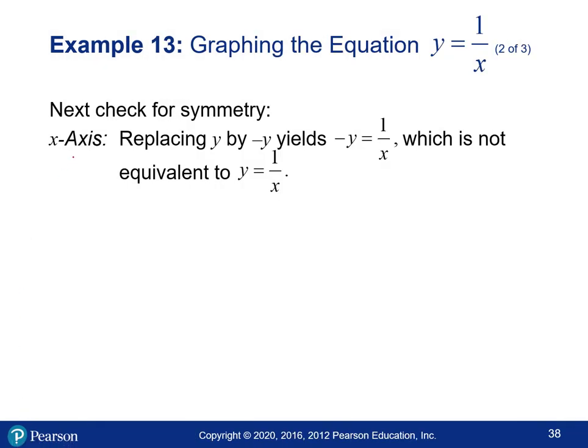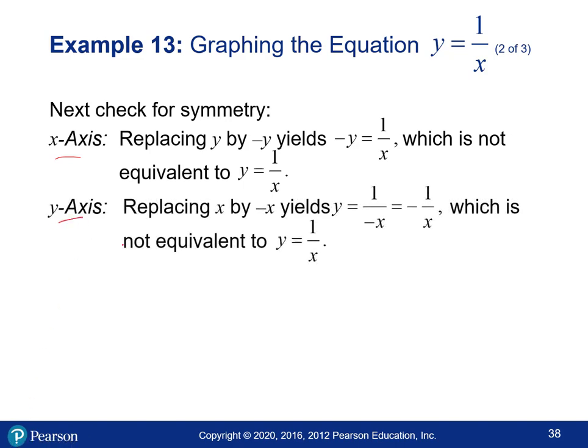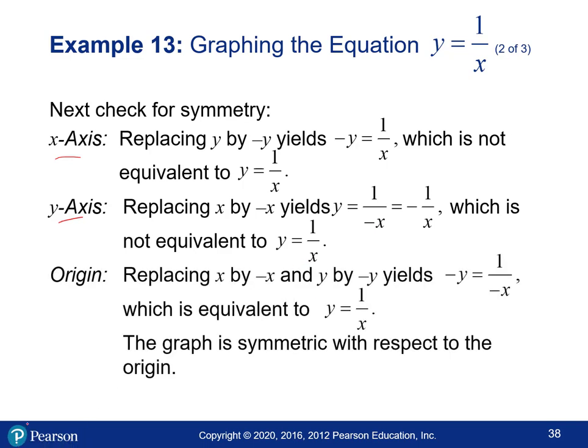Okay, if we check for symmetry, we've done this on multiple examples, so we'll just do it real quick. Plug in a negative y. It's not the same as the original, so no x-axis symmetry. Y-axis symmetry, plug in a negative x, not the same as the original, so no y-axis symmetry. And for the origin, there is symmetry, because when we plug in negative y for y and negative x for x, we simplify by dividing by -1 or multiplying by -1.